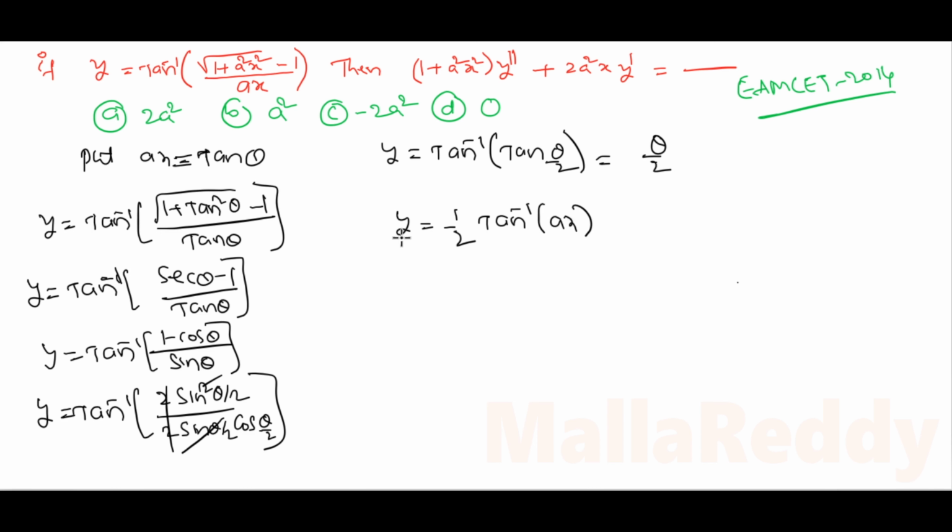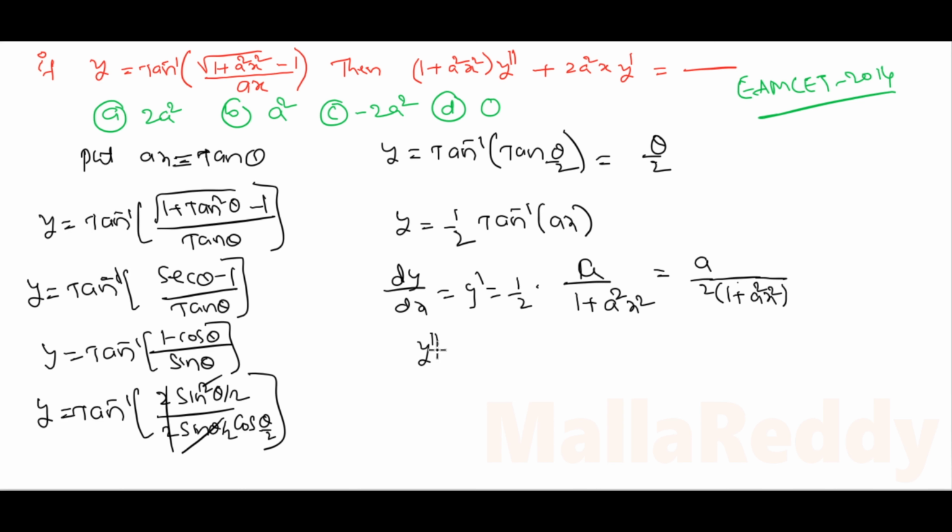Now we take differentiation. The derivative of y is dy by dx, that is y dash, equal to 1 by 2 into the derivative of tan inverse, 1 by 1 plus a square x square, into the derivative of ax, which is a, that is equal to a by 2 into 1 plus a square x square. So now we again take differentiation.